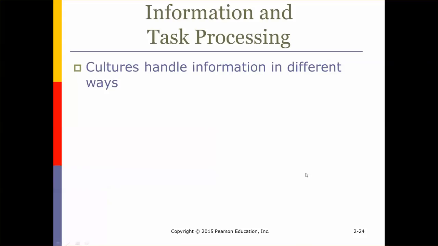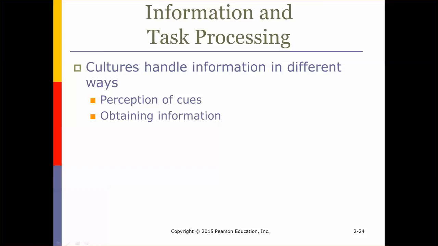As far as information and task processing, all cultures handle information in different ways. In some cultures, it's very difficult to use the perception or clues that the people show. We as Americans often struggle with dealing with Southeast Asian cultures because of the different way they express themselves as it relates to information.